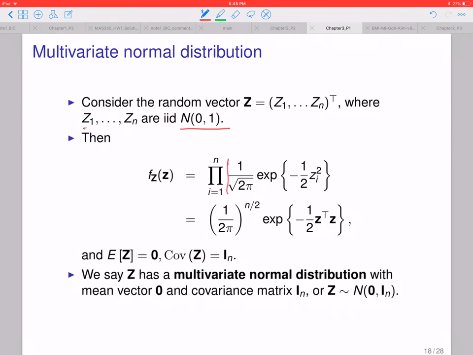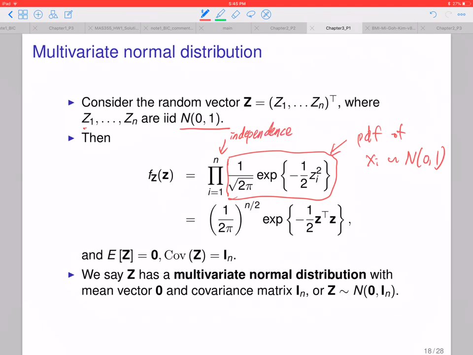This is basically the PDF of Zi, which is normal 0, 1, and then because of the independence, we have the product. So this is the PDF of the multivariate normal distribution in its simplest standard form.